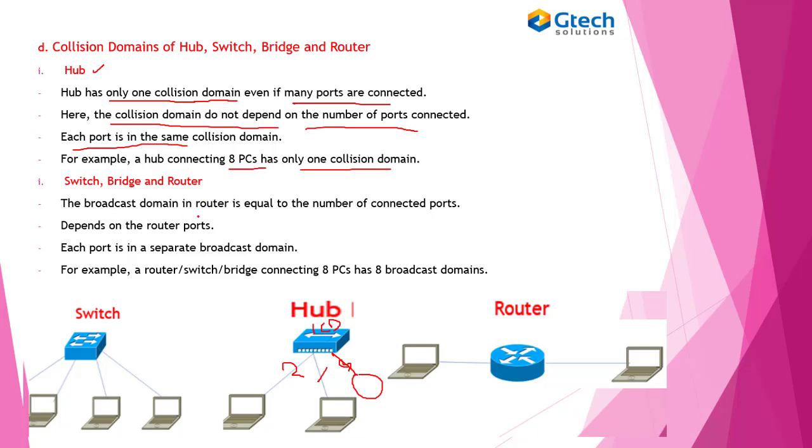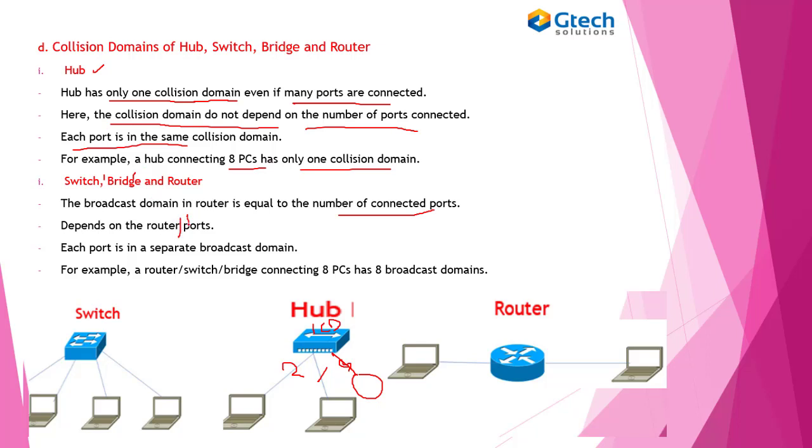The collision domain in a router, switch, and bridge is equal to the number of connected ports. It depends on the number of switch ports, router ports, or bridge ports connected. I forgot to include bridge and switches here.